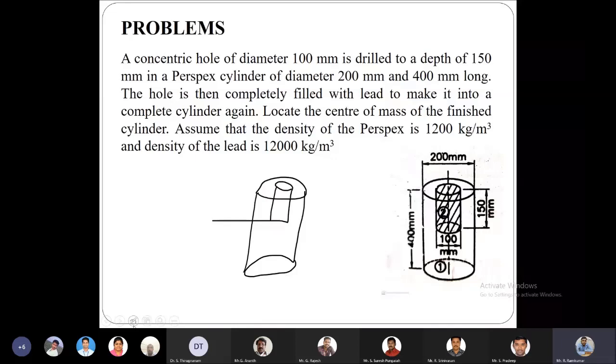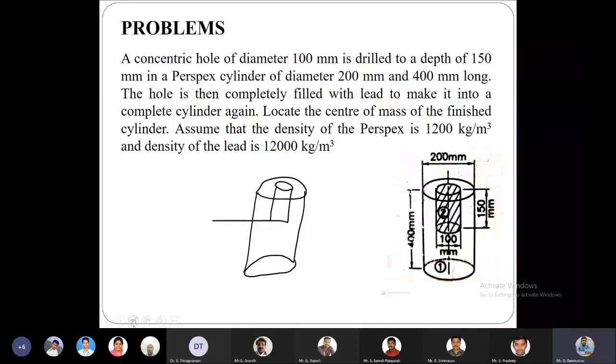There they have made a drill and removed the part, and then we are filling it with a leaded one. So generally what students think is that they will see an object like this, and they will consider this perspex cylinder as number 1 and this filled leaded part as number 2. Most students commit problems like this, but here the operation is different.